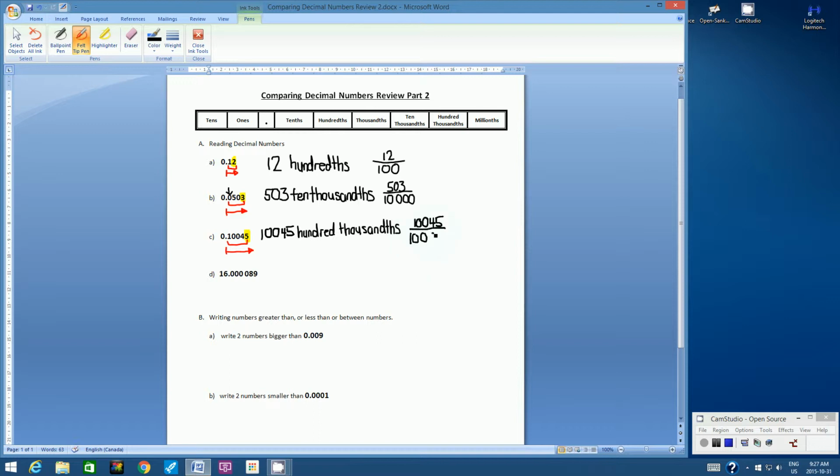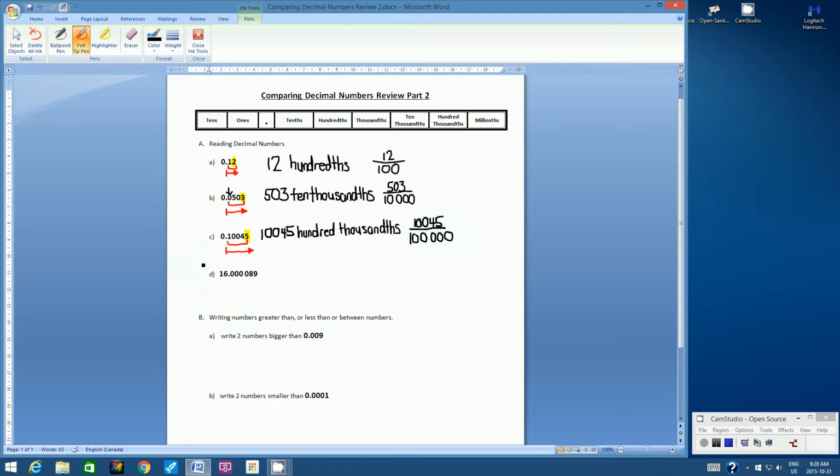So we write 100,000. All right, so 0.10045 can be read as 10,045 hundred thousandths, or as a fraction, 10,045 over 100,000.